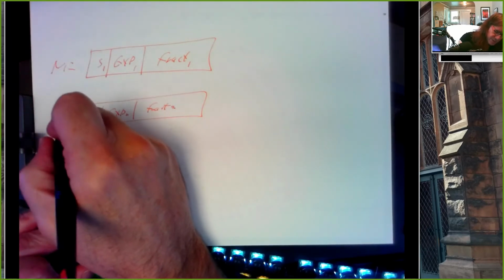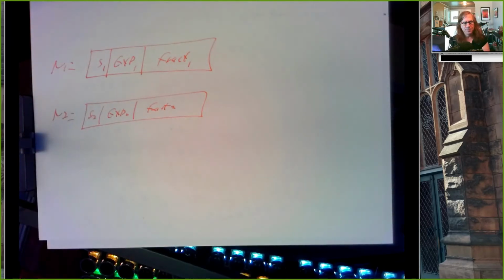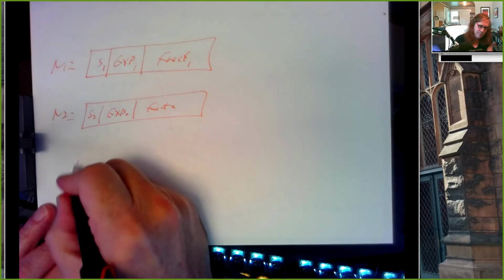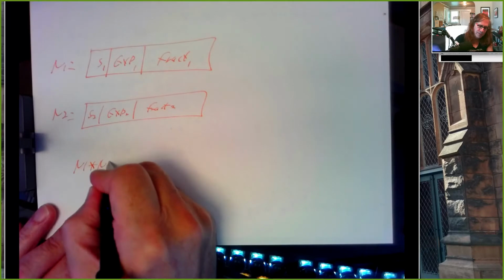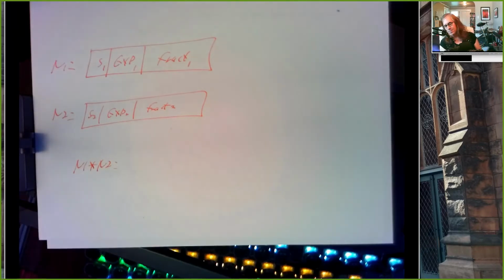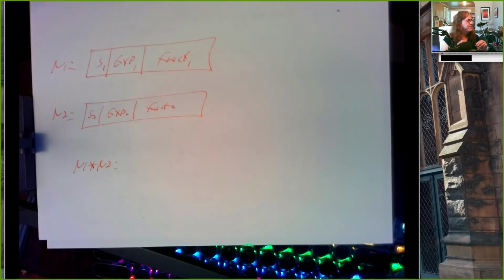So this is n1 and this is n2, and you want to multiply them. So what would you have to do? What would your algorithm have to do from a very high level view? How would you multiply two of these floating point numbers to get a floating point number for their product?